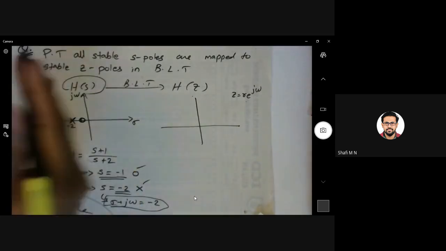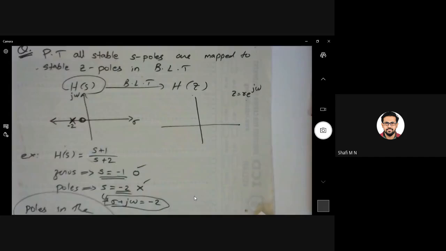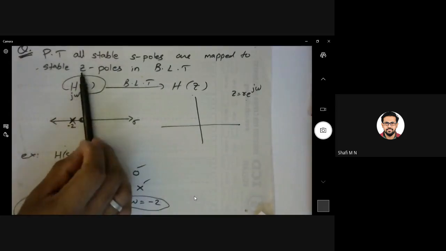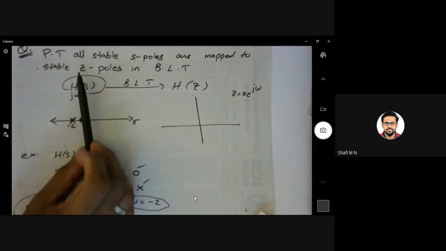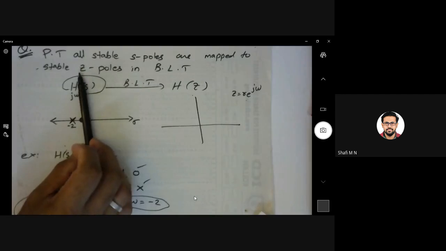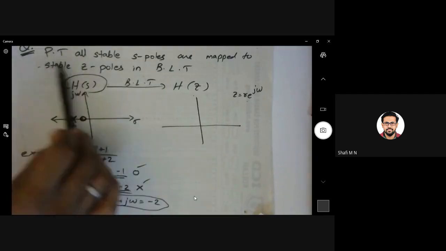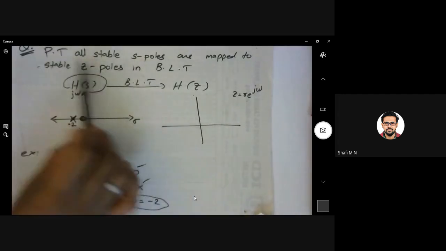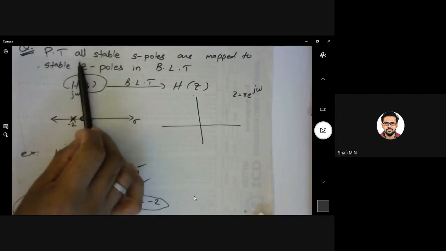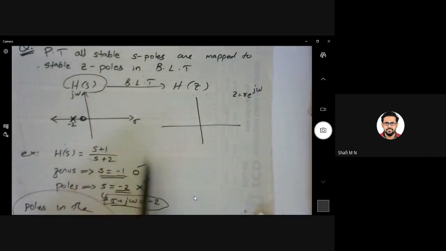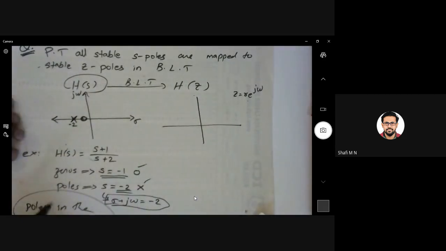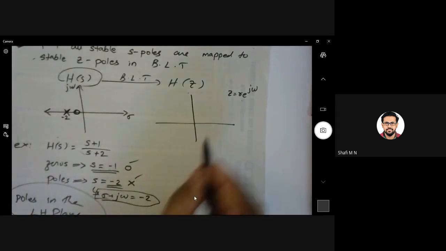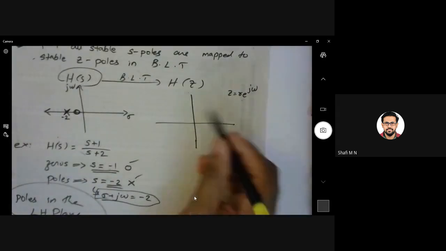So who is the boundary of stability? That is your imaginary axis, sigma equal to 0. So this is the boundary between stable and unstable sections in the S-plane. Similarly, who will be the deciding factor or the boundary of stability in this case?